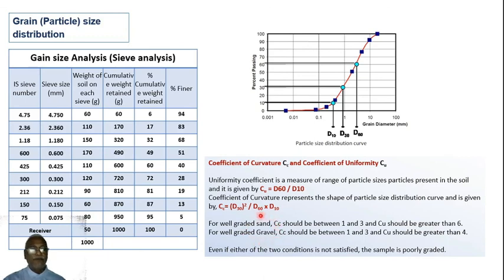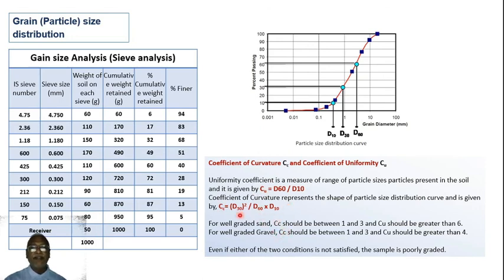I want to emphasize this particular point. From the grain size distribution curve, you may not be directly able to say that it is a sand or a gravel just by looking at the values of Cu and Cc. I repeat this sentence: just by looking at the values of Cu and Cc, you will not be able to judge whether it is a sand or a gravel.